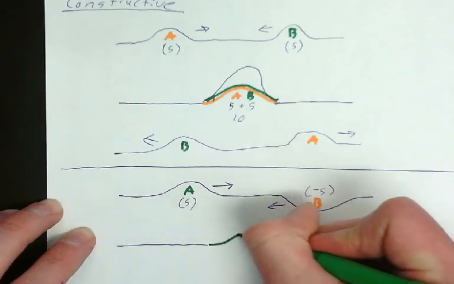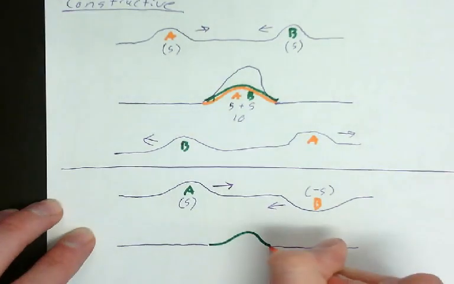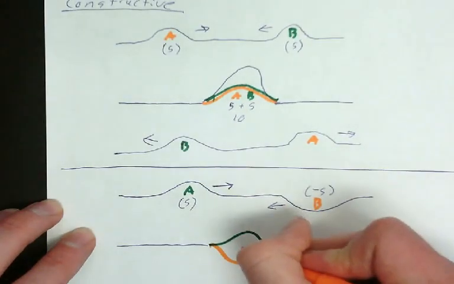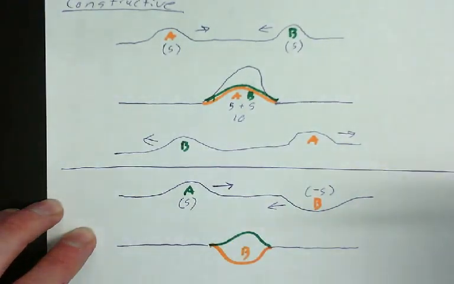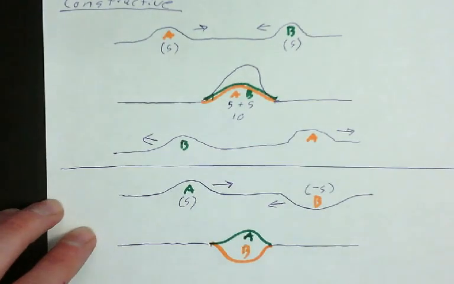You've got A doing something like this, but B is going in the opposite direction. So it's not A plus B this time, it's A minus B.